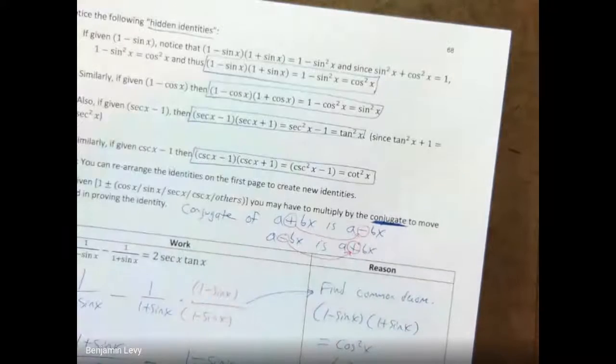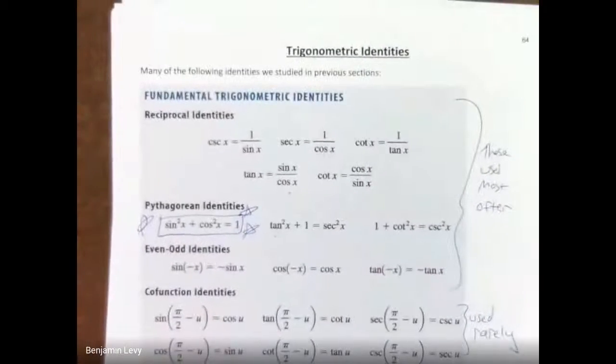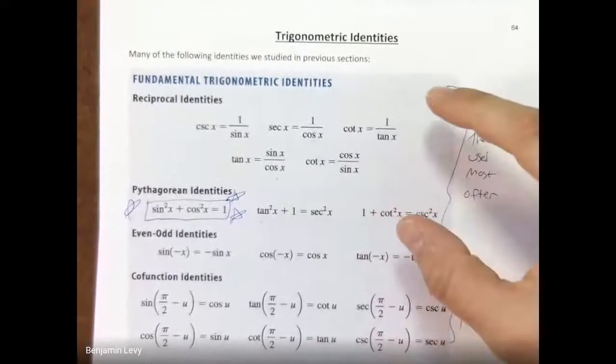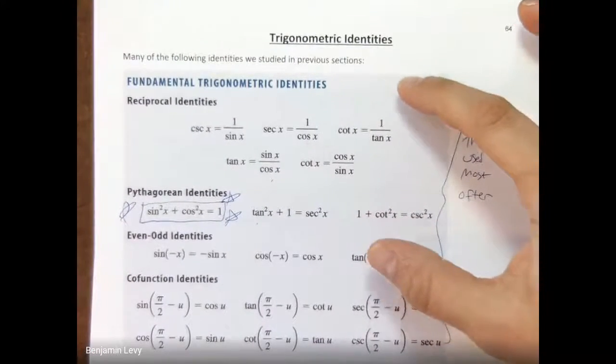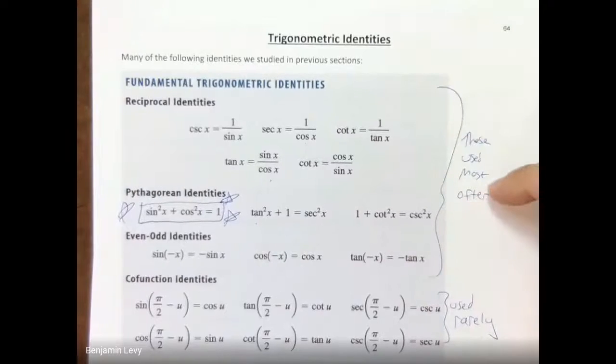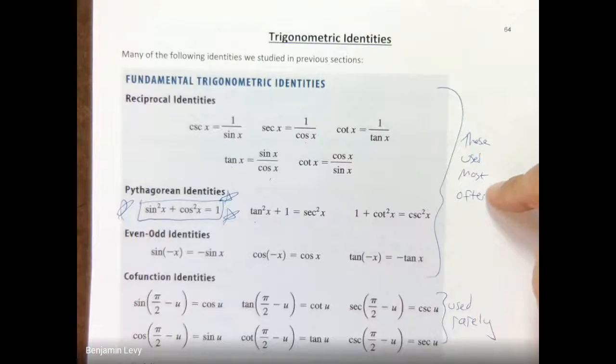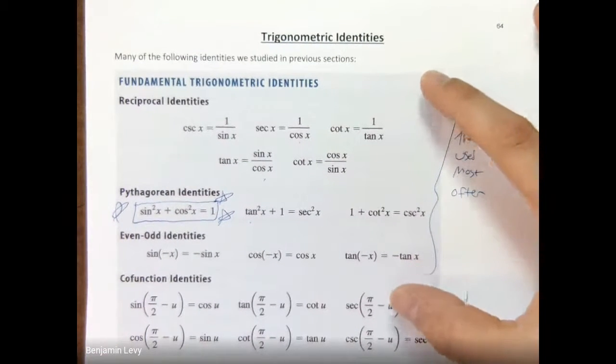Can you break it down on a different paper? Actually do the whole steps, if you don't mind, please. Let me just first say that these are the ones that you really need to know. So these are the ones on page 64, especially the ones I highlighted. Use these most often. These are the ones I give you on a test. These are the ones you really need to know how to use.